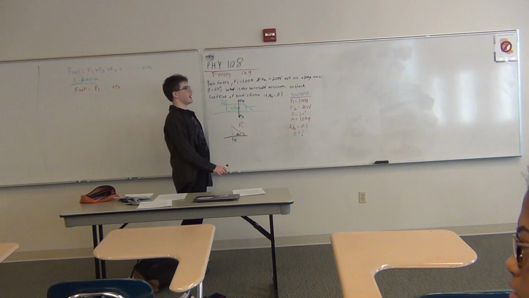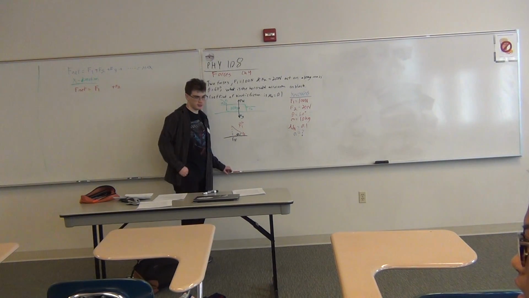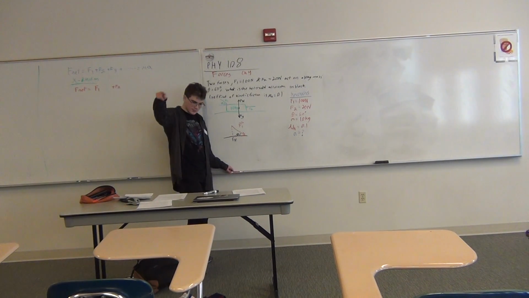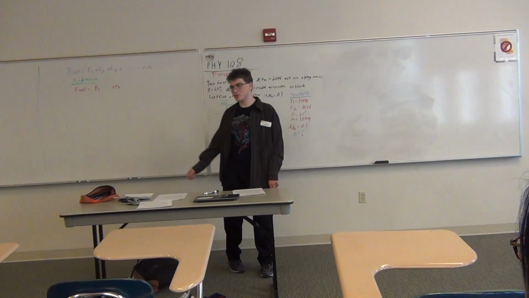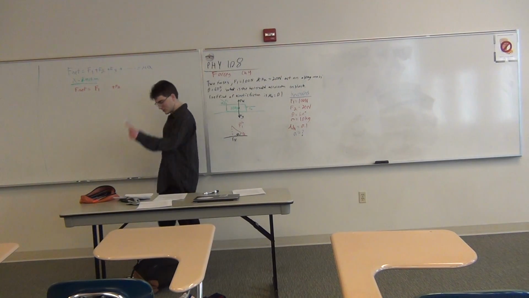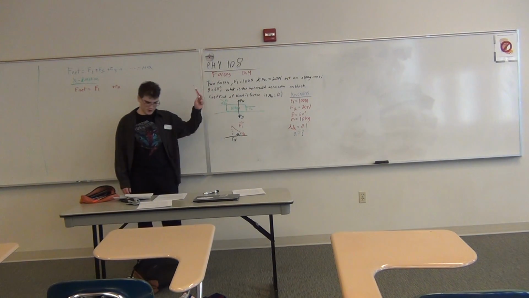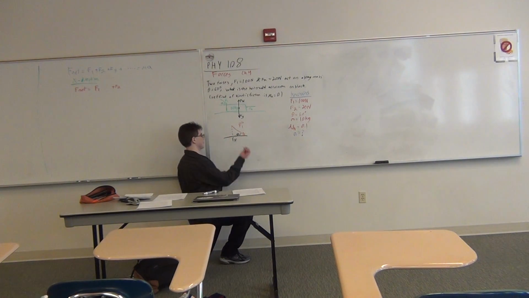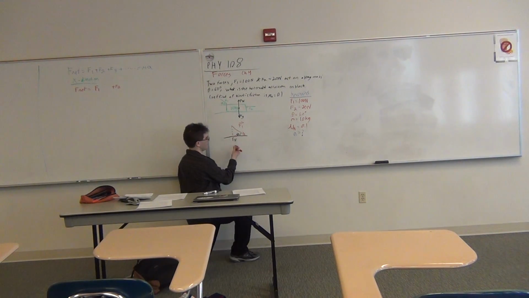How do we get the X component of force 1? We do some trigonometry. That's physics. Physics 108 is when you are allowed to use trig. Okay, so what trig identity? Cosine. You can say it with pride.